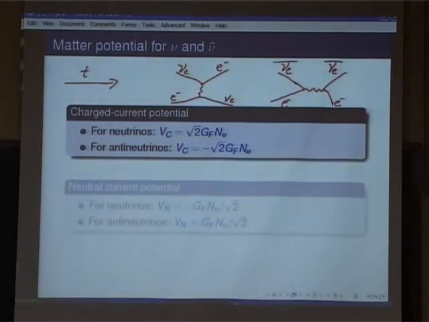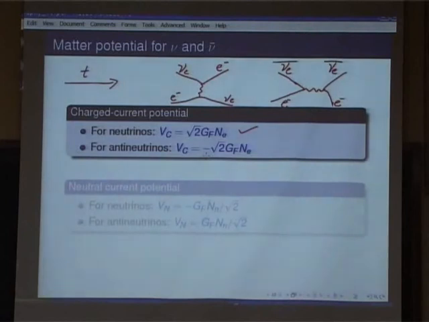Again, I will simply give you the answer and not show you why. This has to do with interchanging of fermions with a minus sign. So for neutrinos, Vc is root 2 times G_F times N_e. For antineutrinos, you get a minus sign. So the matter potential for antineutrinos is exactly opposite to that of neutrinos.